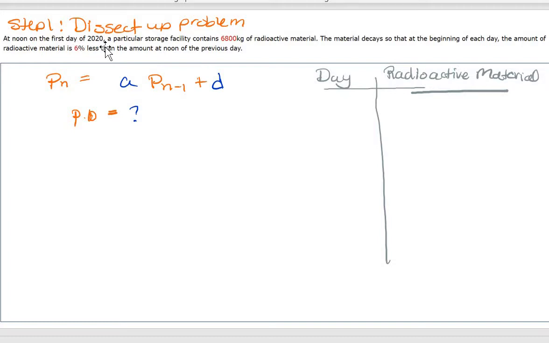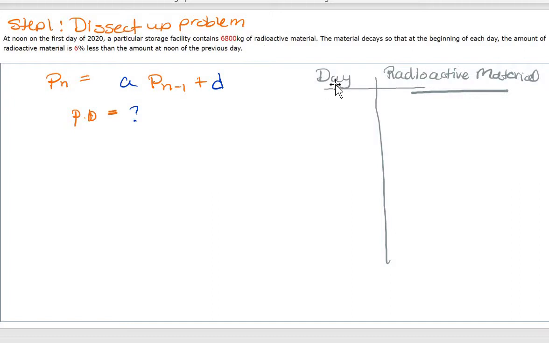At noon on the first day of 2020, that's January 1st, you had a storage facility that contained 6,800 kilograms of radioactive material. How did I know to set my table up like this? Well, usually the time step is days, and whatever they're measuring is the Y value. So in the case of Dr. Cottom, he was looking at the number of patients coming back for follow-up visits.